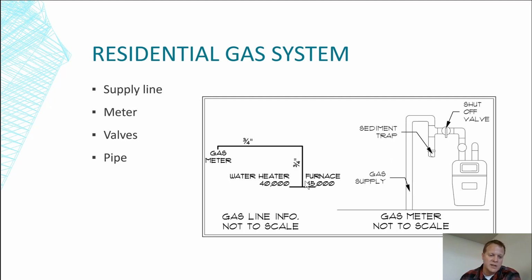I would ask when he's going to be ready for test, so that we can be covering it up or ordering a meter or whatever the case may be. Now on the commercial side, the gas work is more complicated, so we're going to cover that in a future lecture.